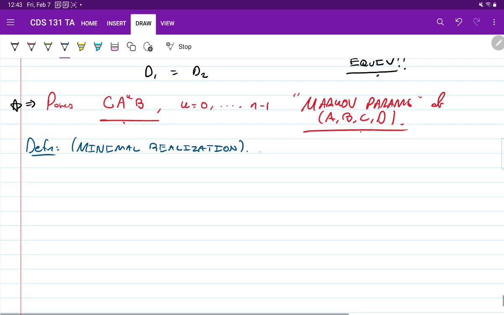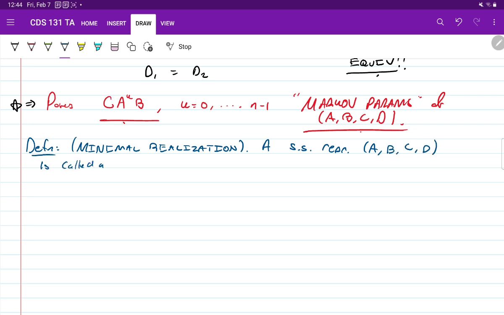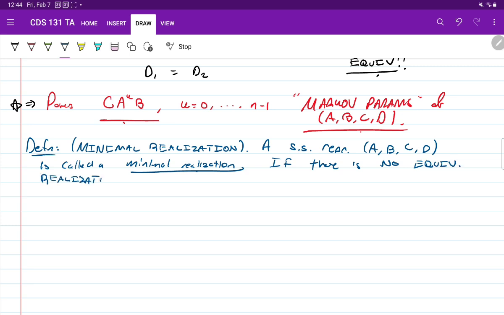So we say that a state space representation A, B, C, D is called a minimal realization if there is no equivalent realization with lower state space dimension.